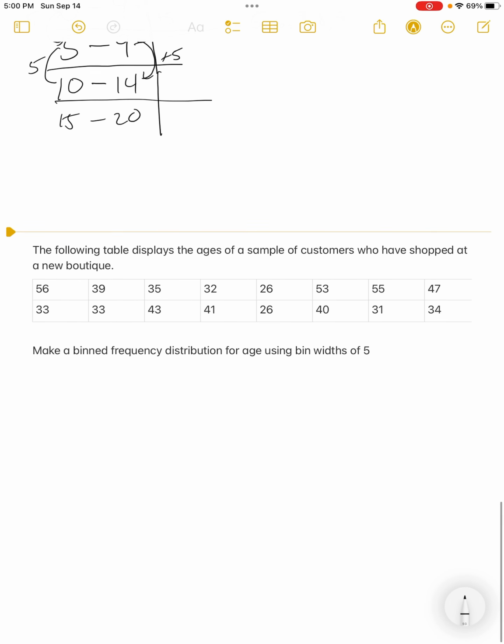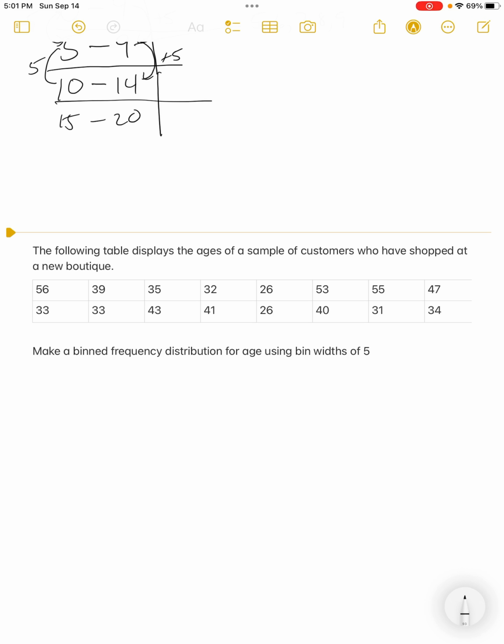So let me show you what you're going to have to do in the homework. They're going to give you a list of numbers and ask you to make a bin frequency distribution for age using a bin width of 5. These are the ages of customers who shopped at a new boutique.